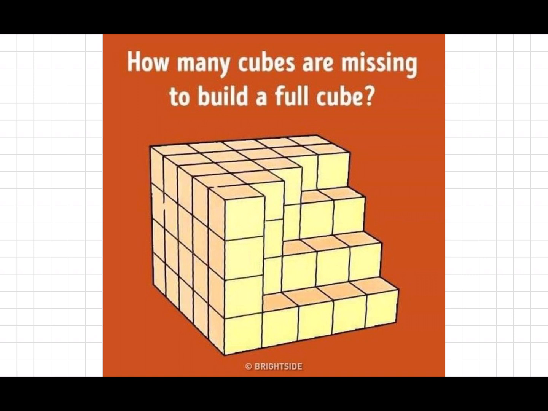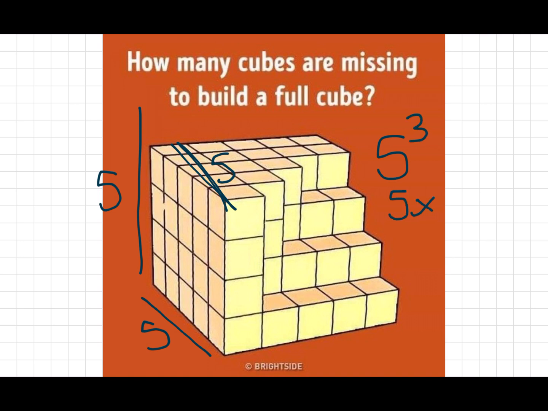So it would end up being 5 times 5 when we get our extra level in, times 5. 5 cubed, or 5 times 5 times 5. You can have a go at working that out.